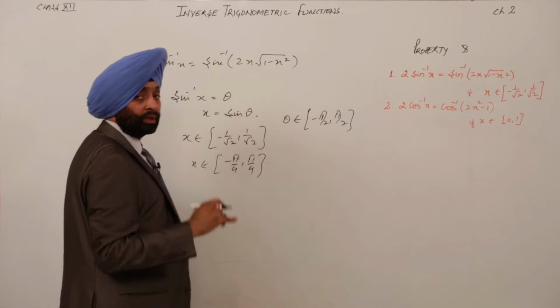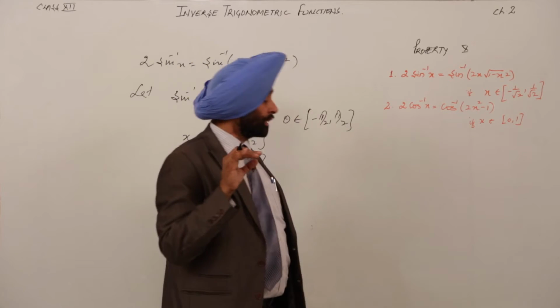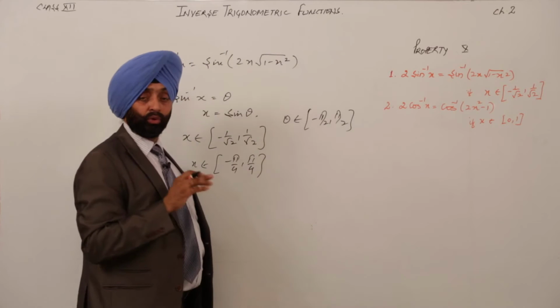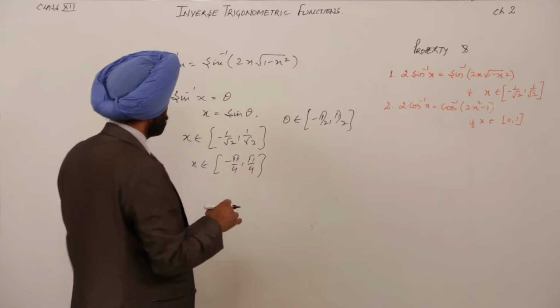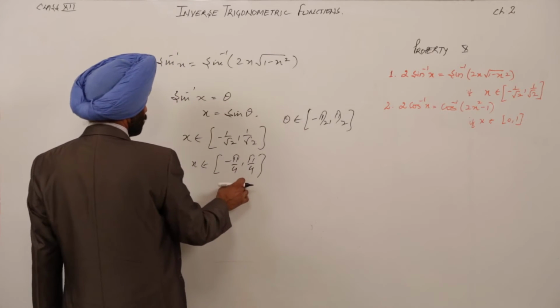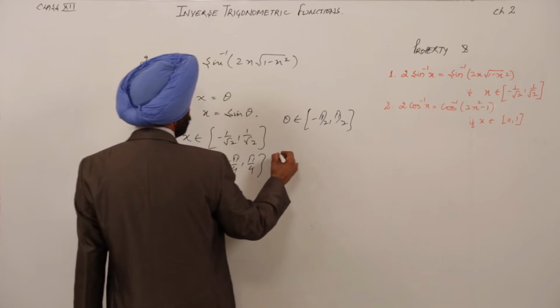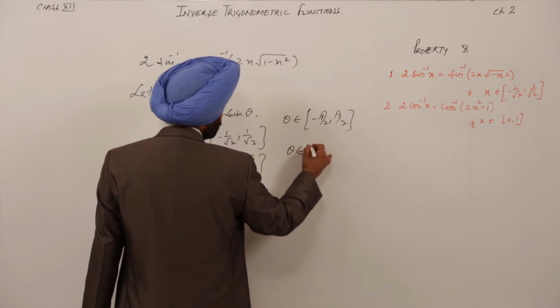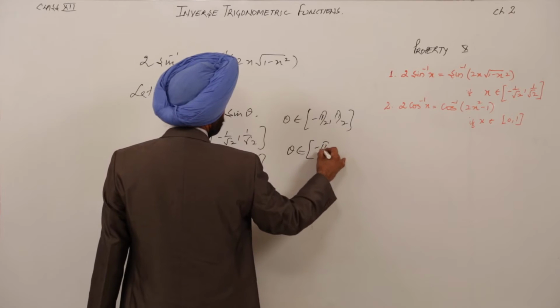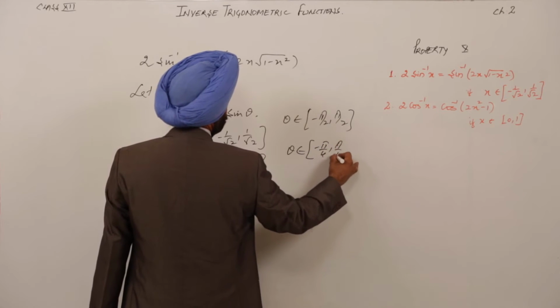Now if you remember, what is the value for sine 45? Sine 45 and cos 45 both are 1 upon root 2. So that's why I have mentioned here 1 upon root 2 and 1 upon root 2. So we can now write that theta belongs to minus pi by 4 comma pi by 4.